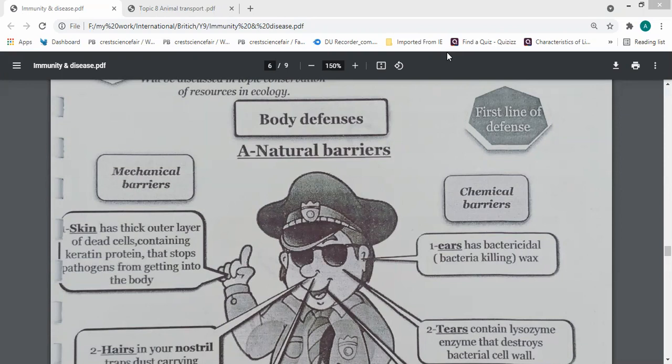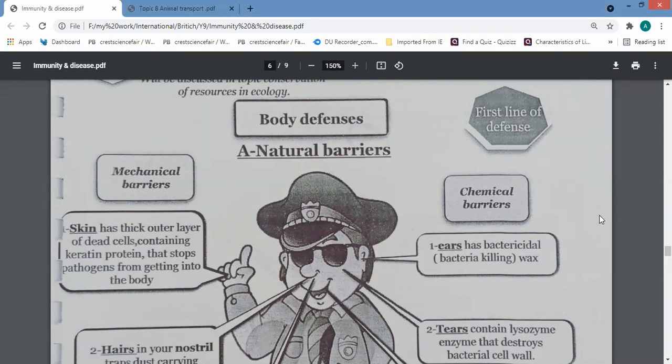Firstly, the first line of defense. We have natural barriers. These barriers divide into two categories: chemical and mechanical.